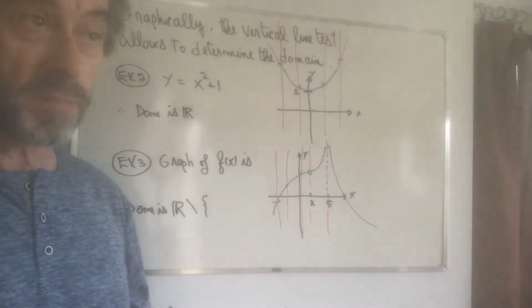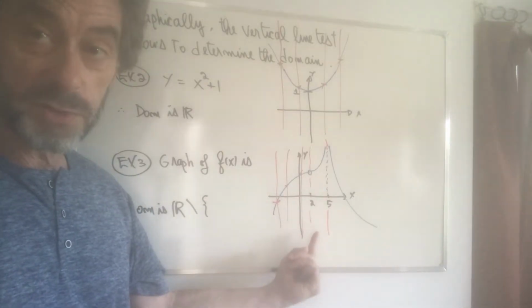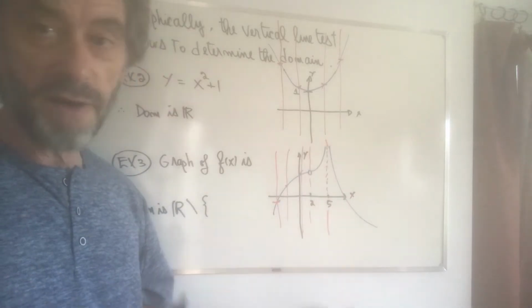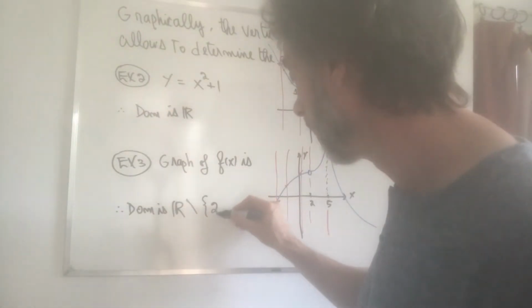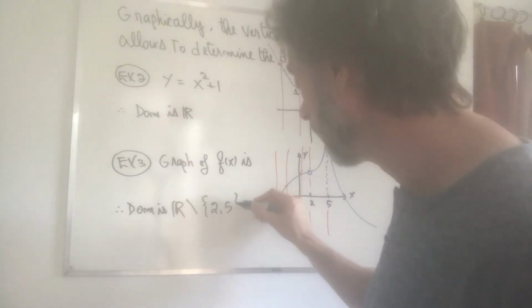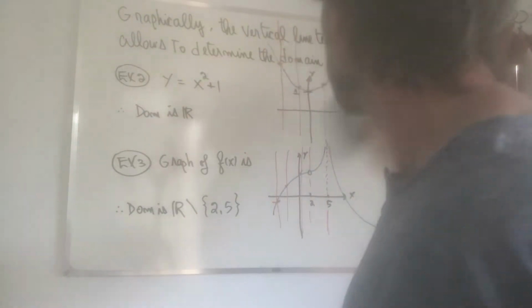Which two values shall be excluded from my domain? The value of 2, because the vertical line here doesn't strike the graph, and the value of 5 for the same reason. So except 2 and 5. That's how you may determine the domain of a function graphically.